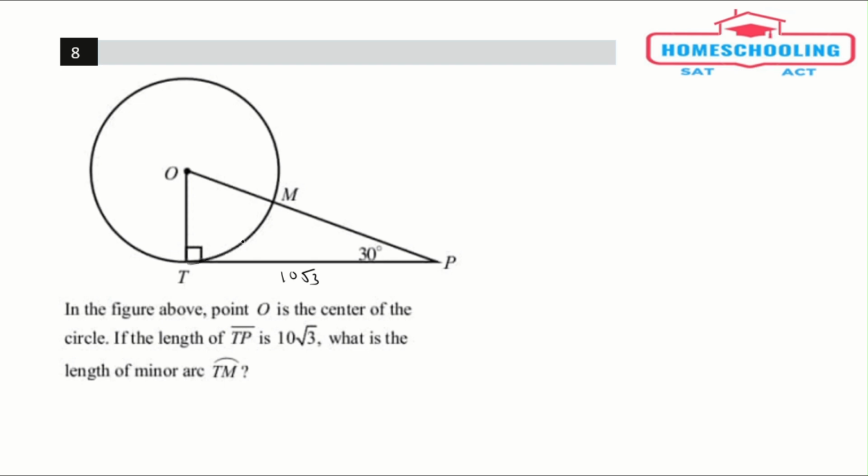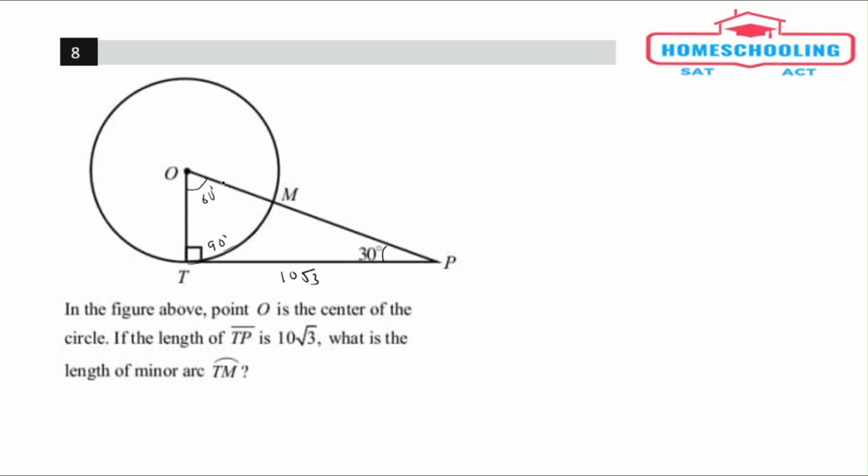So we have to find the length of the minor arc TM. If this is 90 degree, this is 30 degree, so this is also going to be 60 degree.